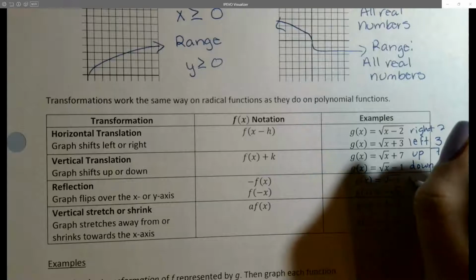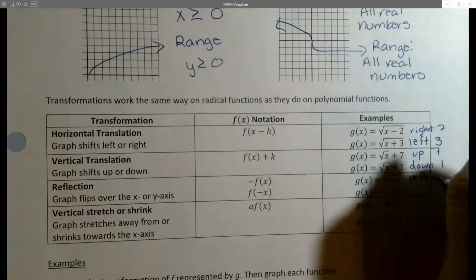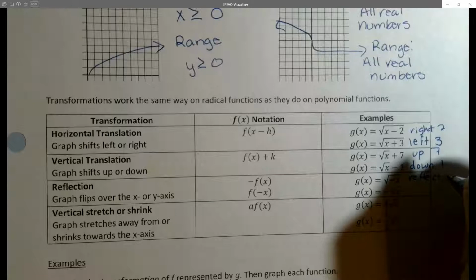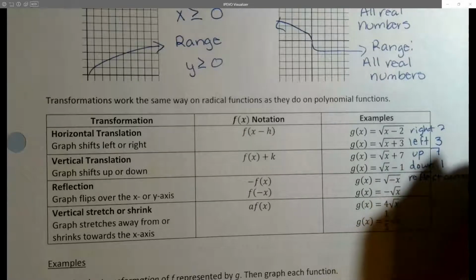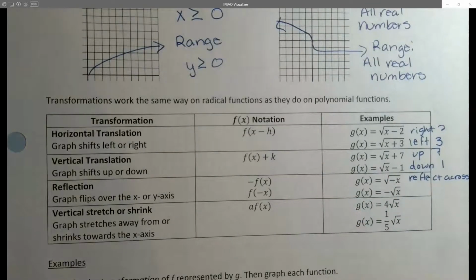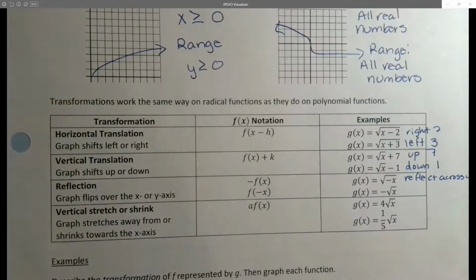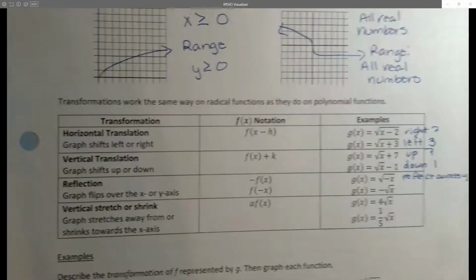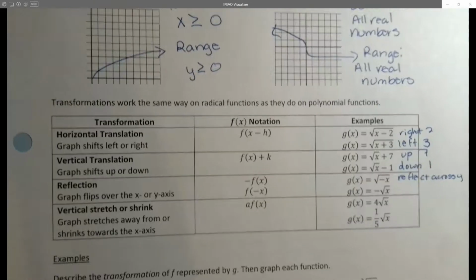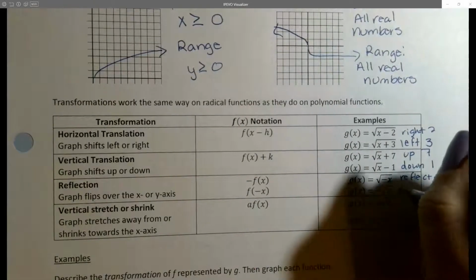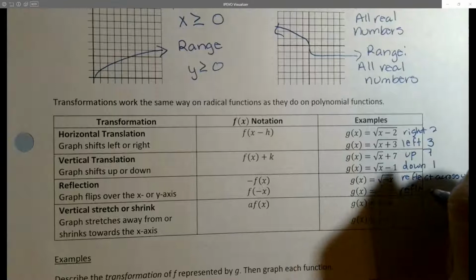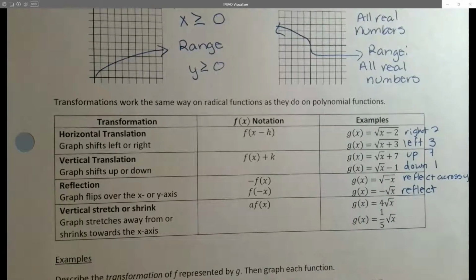This one is reflect across y because it's with the x. And then over here I have reflect across x because it's outside the symbol.